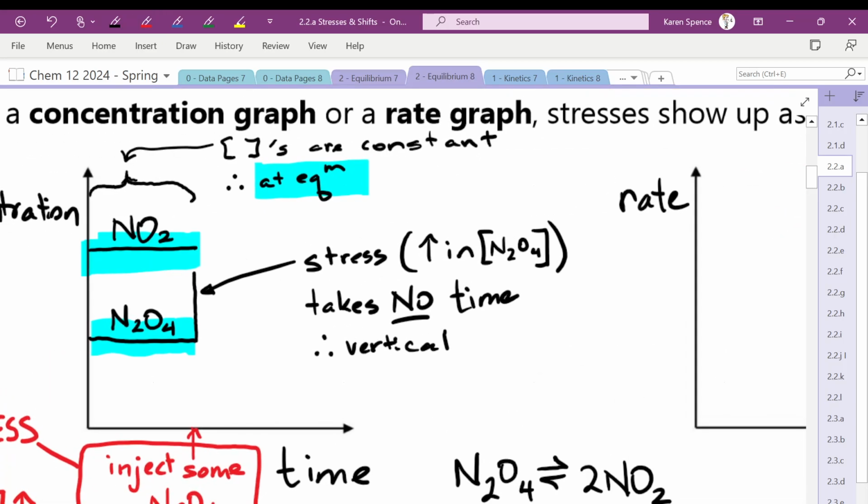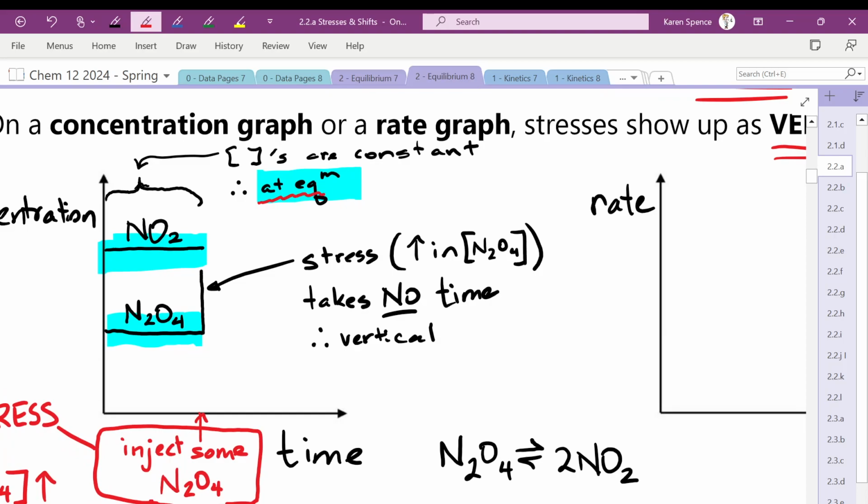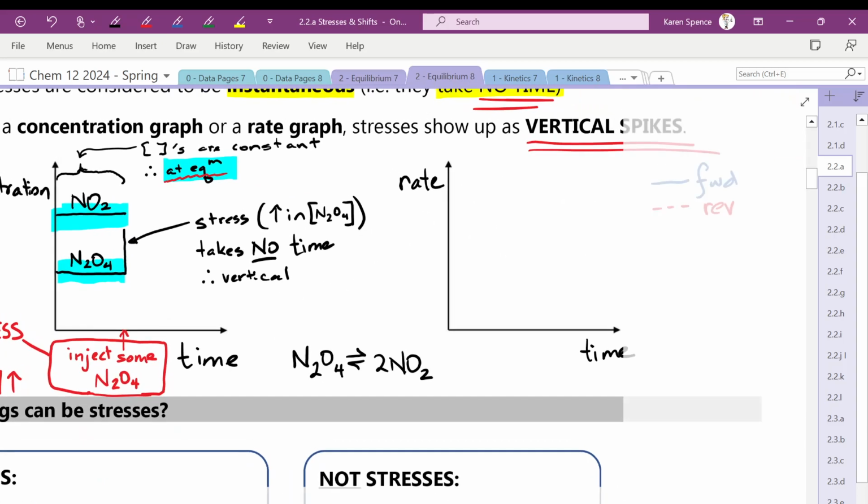At the beginning, we are at equilibrium, so the two rates will be the same until we inject some N2O4, okay? So we will have our forward rate equal to our reverse rate, because here we are at equilibrium.